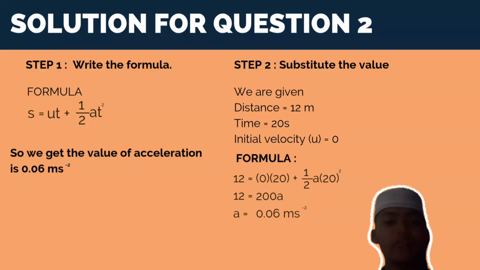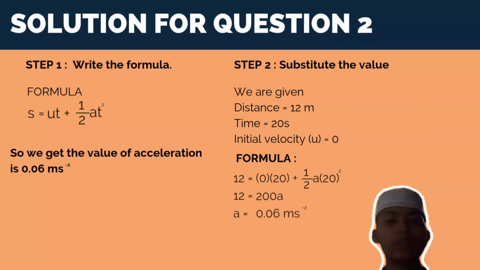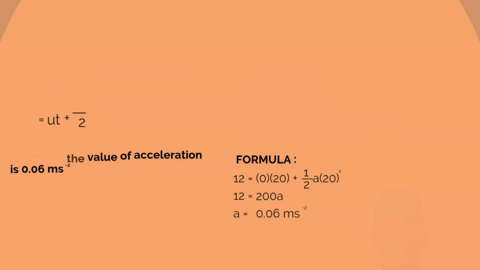And then we plug the values into our formula, and we get 12 equal to 0 times 20 plus 1/2 a times 20 squared. And then we multiply 1/2 a with 20 squared, and we get 200a. To find a, we need to divide 12 by 200, and we get a is 0.06 m/s².